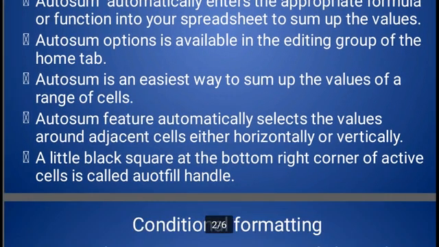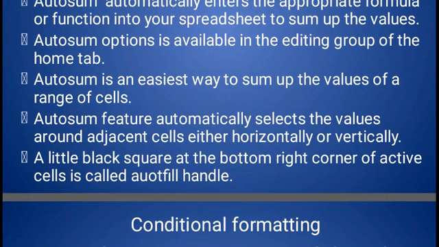Okay, the new thing is a little black square at the top right corner of the active cell, called the autofill handle. Suppose we have several rows, but first we calculate the first row sum. So other rows we can perform the sum operation with the help of dragging the black square handle.